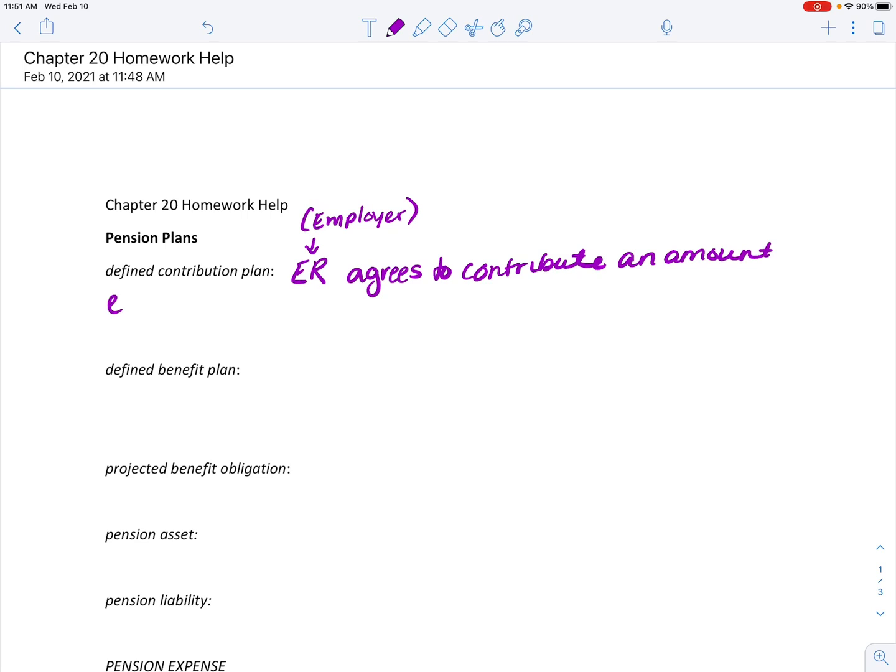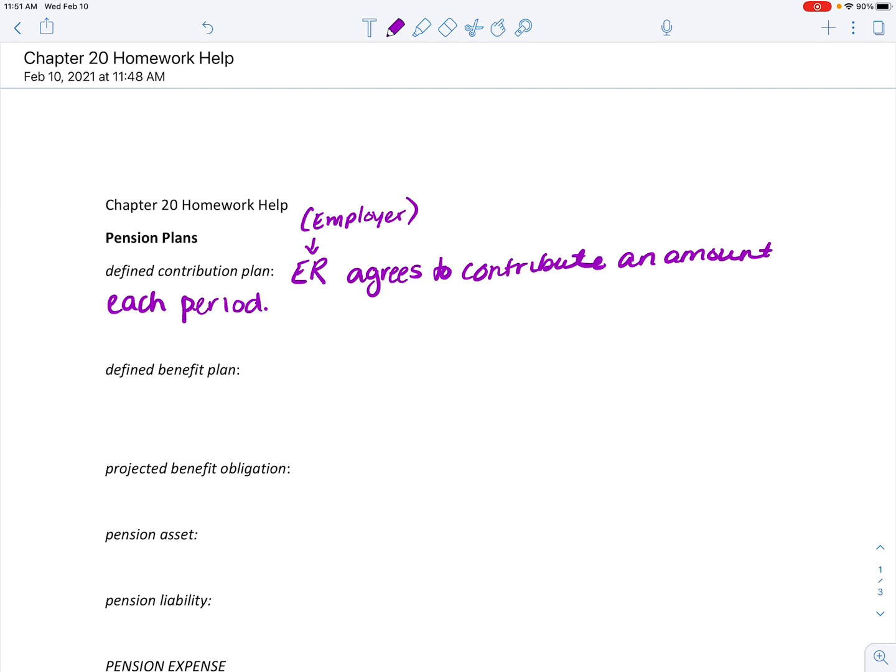This amount can be based on a variety of different things. It's usually a very simple formula. Some factors that go into it might be age or length of service.